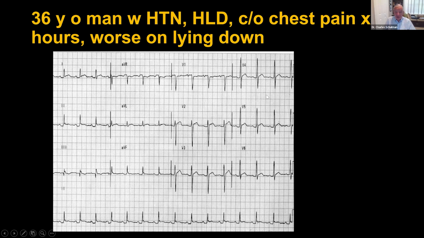Sort of diffuse ST elevations that don't really follow one of the coronary vessels. He also has PR depression in lead 2 and PR elevation in lead AVR. This is pericarditis.